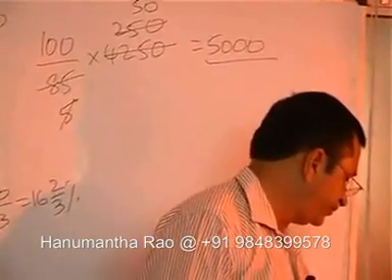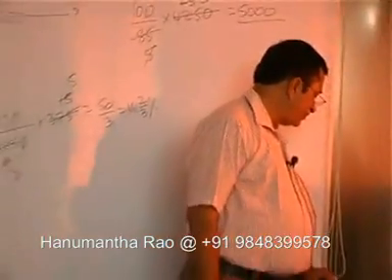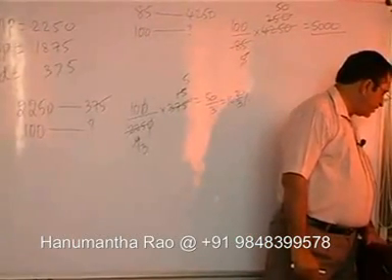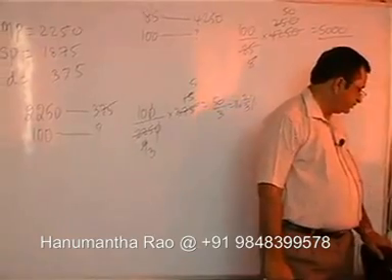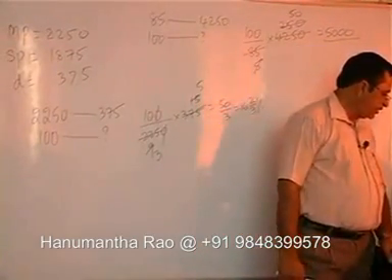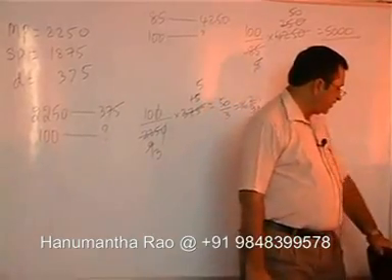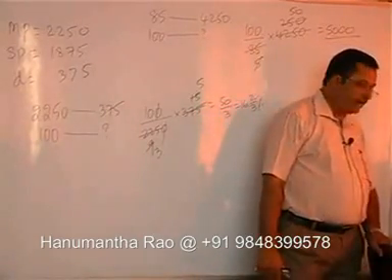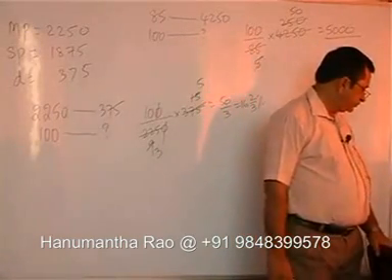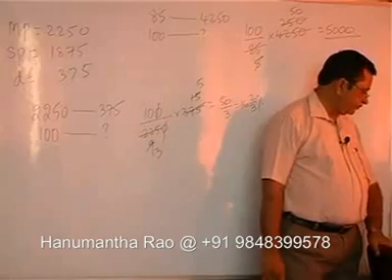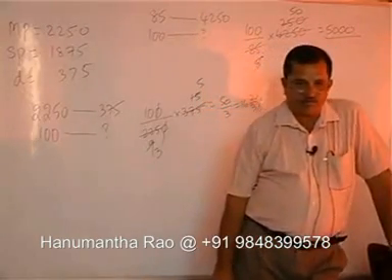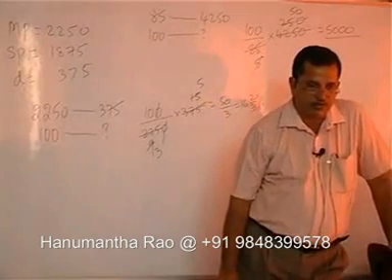Next problem. The cost price of an article is 80% of the marked price. But a discount of 15% is allowed.